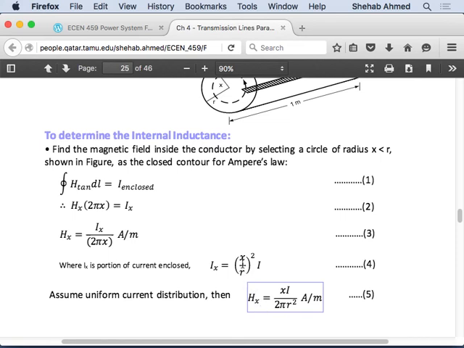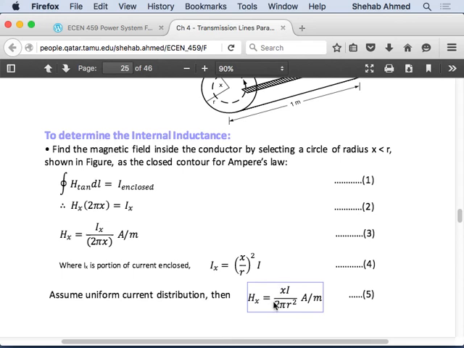Obviously one of the x squareds will cancel with the x at the bottom, and I'm left with r squared in the denominator and an x in the numerator.